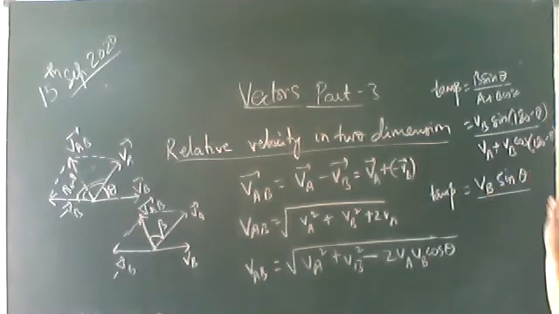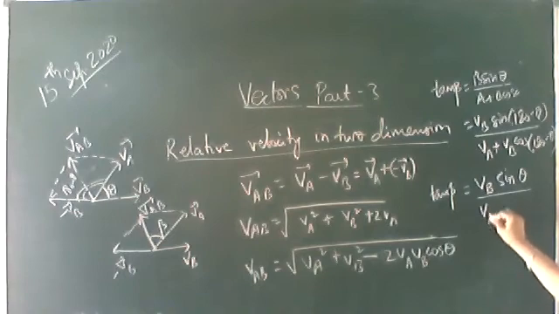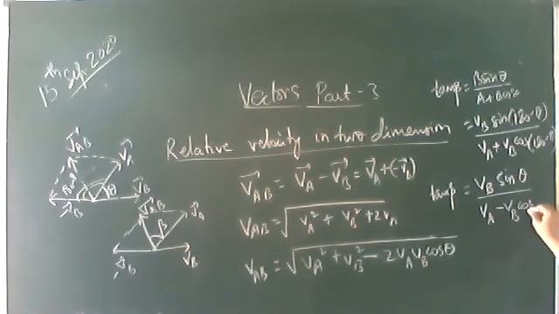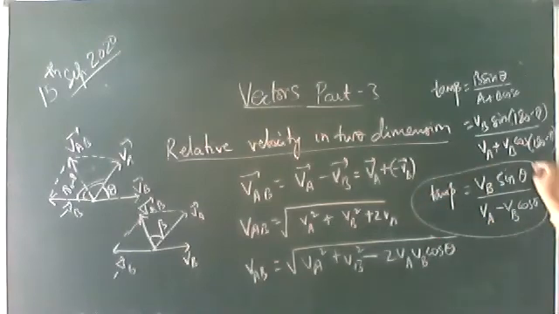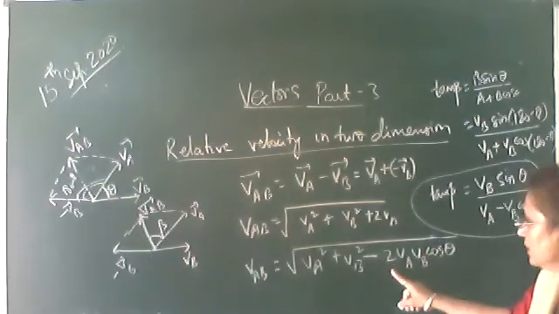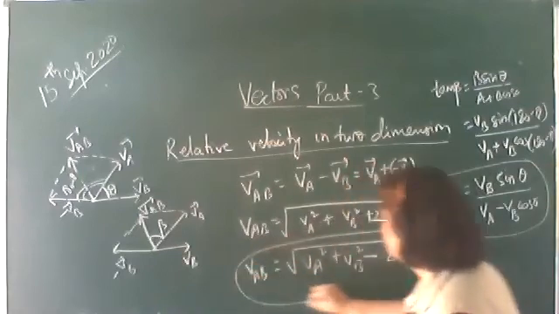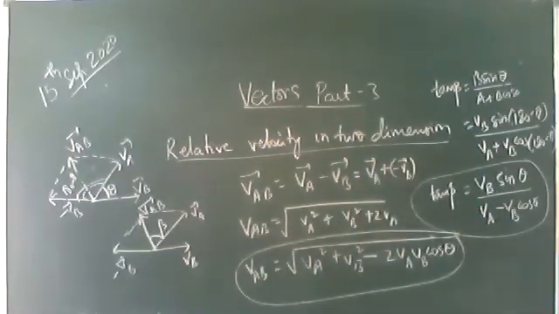Sin 180 minus theta is sin theta, cos 180 minus theta is minus cos theta. So this is the direction of the relative velocity of A with respect to B. This is the magnitude and the direction is given by tan beta. Is that clear?